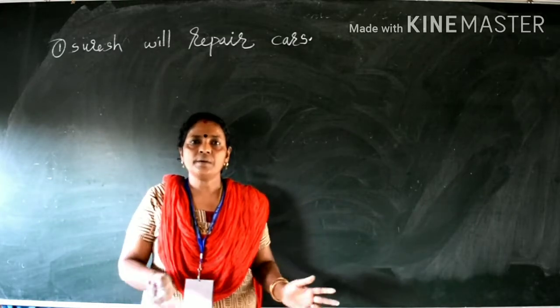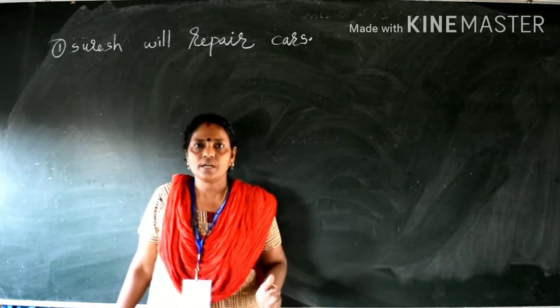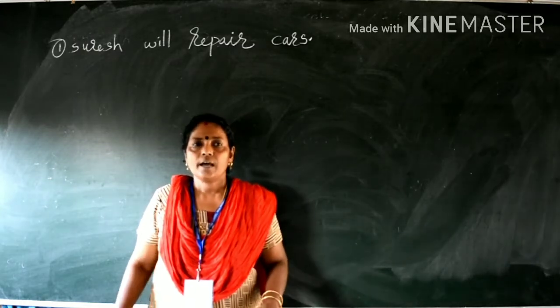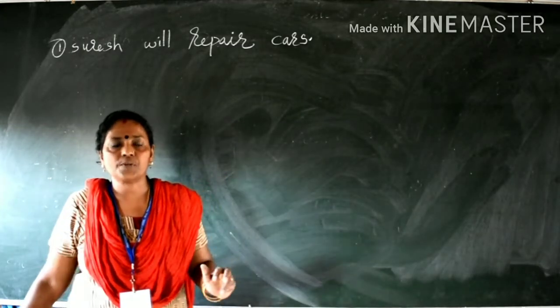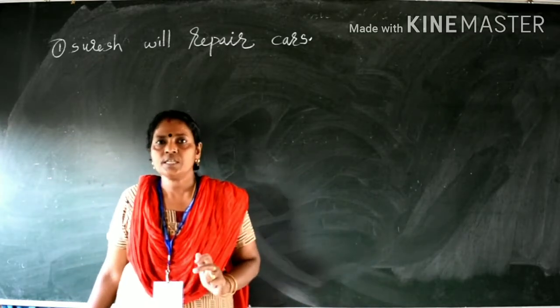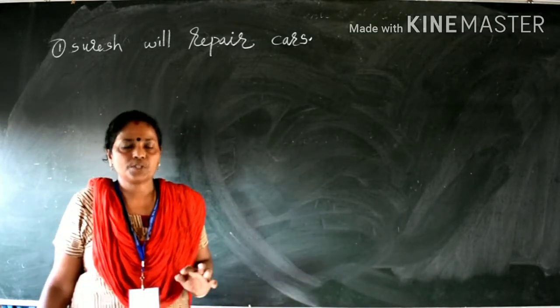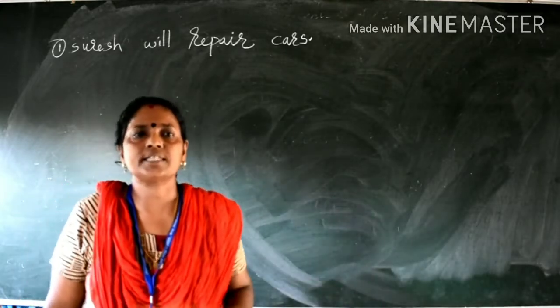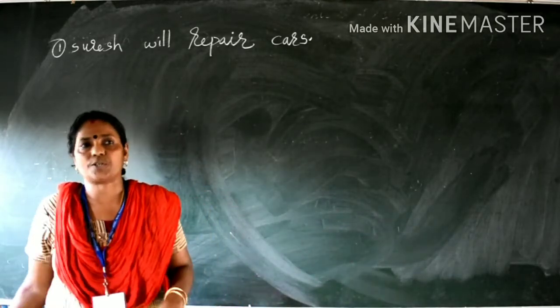In the same way, simple past tense, past continuous, past perfect, past perfect continuous, and again future: simple future, future continuous, future perfect, future perfect continuous. But only 8 tenses have voices to change.